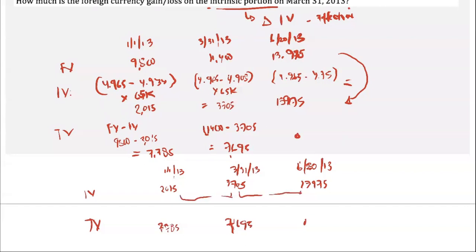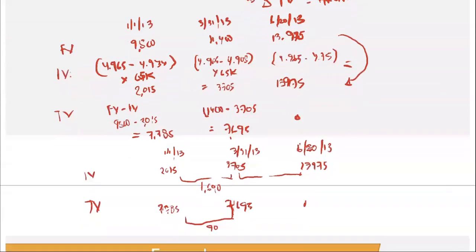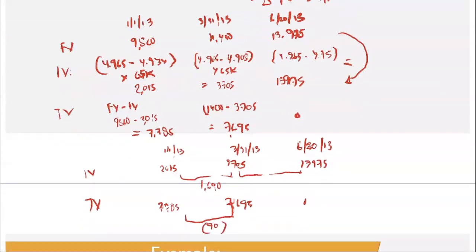So 2,015 versus 3,705, we have 1,690. This one increased, therefore a gain. This one decreased, therefore a loss. Here, 3,705 versus 13,975, we have a gain of 10,270.